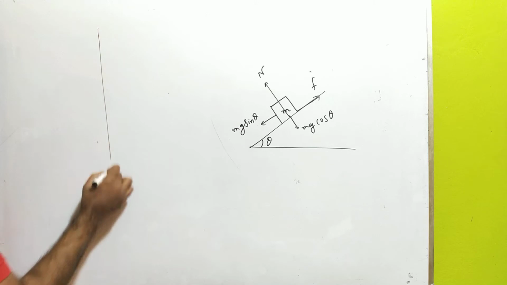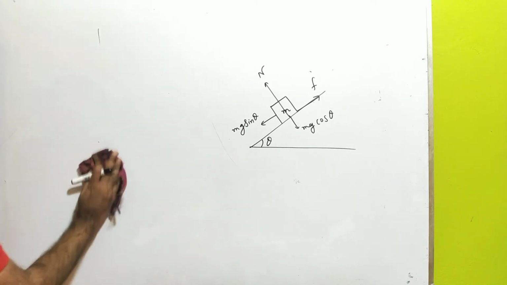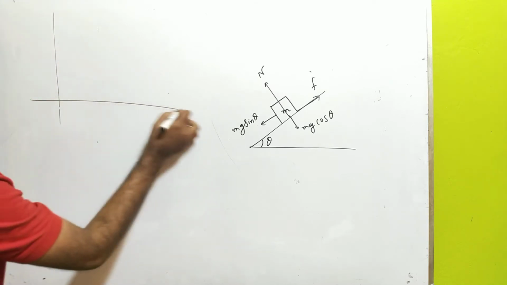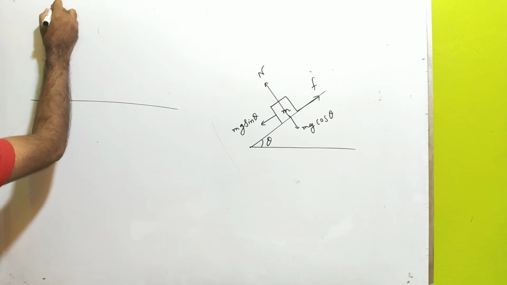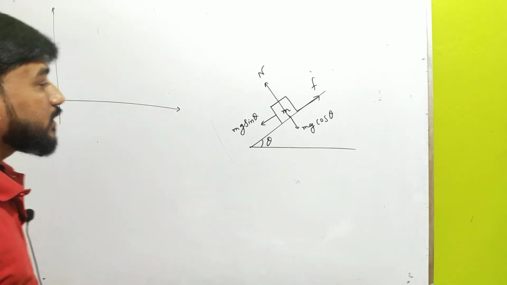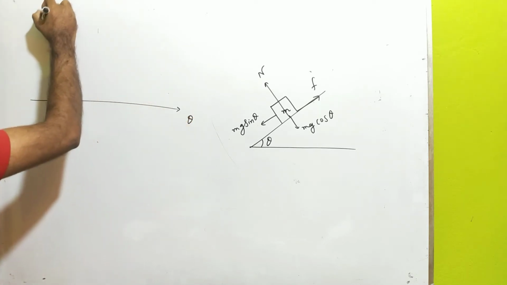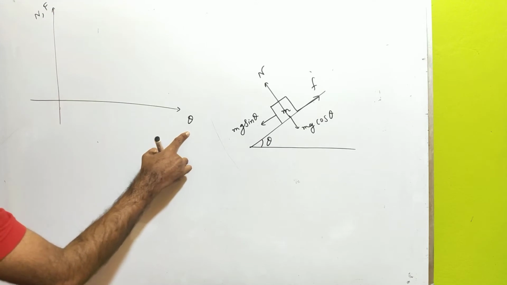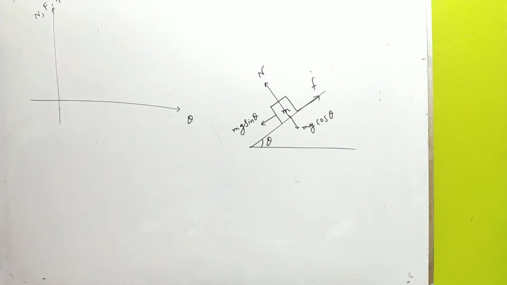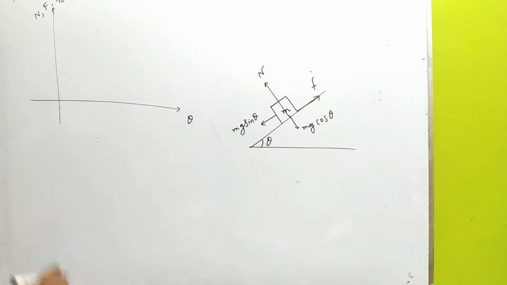Now if we want to show the whole picture graphically, then what we have to do is plot N versus theta, capital F, that is applied force, versus theta, as well as the frictional force versus theta, or you can say the limiting frictional force versus theta, in the same graph.